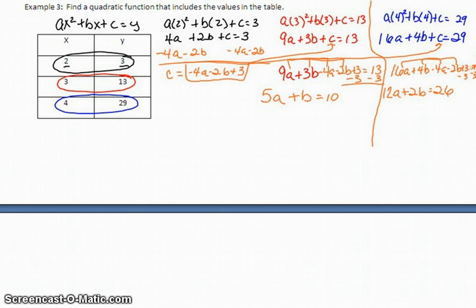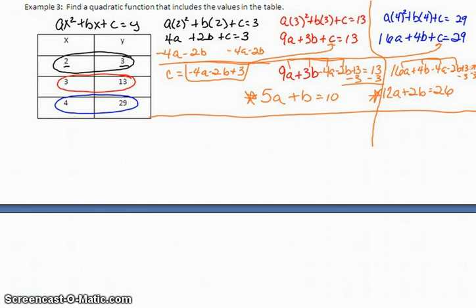So my two equations that I achieve in step 3 are 5a plus b equals 10 and 12a plus 2b equals 26. Now to move on to the elimination process, I'm going to draw a great big line here, and I'm going to star these two equations that we will be using.